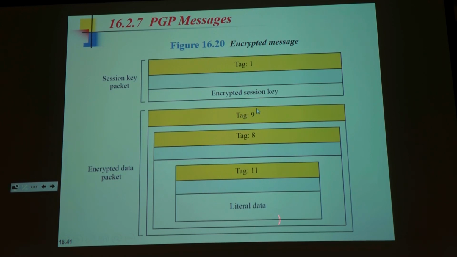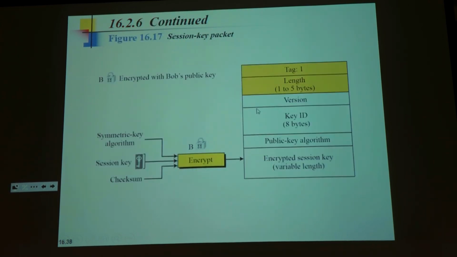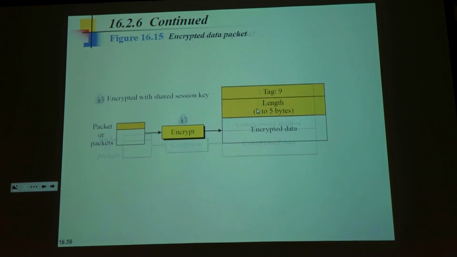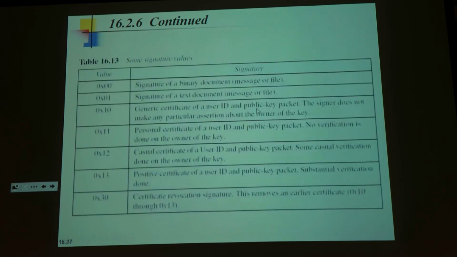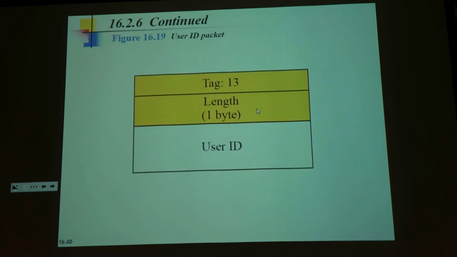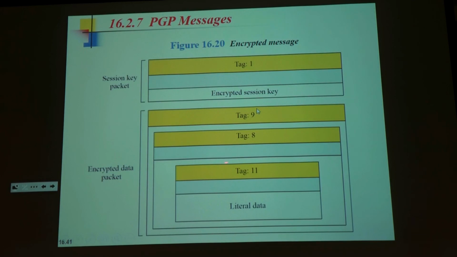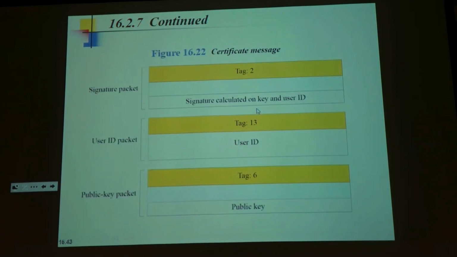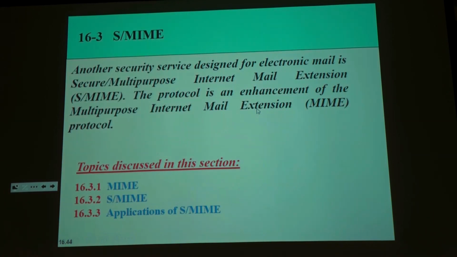If you need to know tags 8 and 9, we will explain them. 8 is the compressed, and 9 is the encrypted data. This is the signed message, the certificate message. You just have to take a look at how it works. I'm not asking you to memorize them. Just know how PGP works, how the packets work.